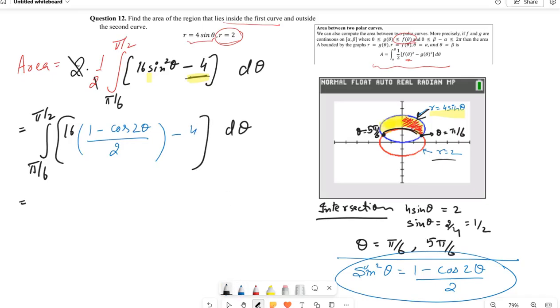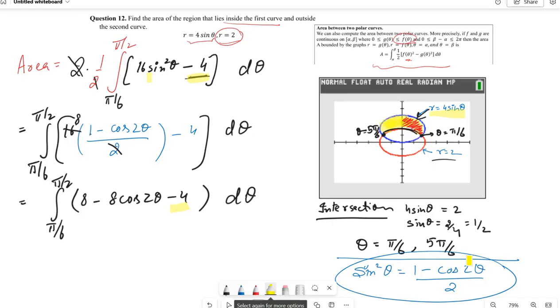I'm almost ready to integrate, but I want to simplify it one more time. 16 by 2, this is going to be 8. Multiply 8 inside: 8 minus 8 cosine 2 theta minus 4 d theta. Do you guys notice this 8 minus 4 can be just replaced by a 4 here. So we have this integral.